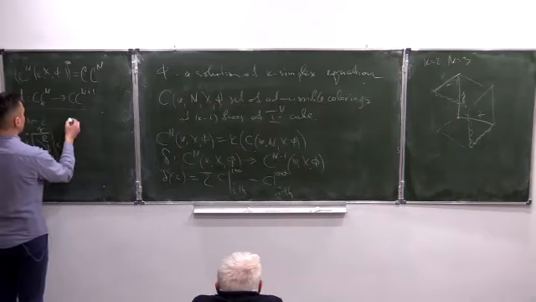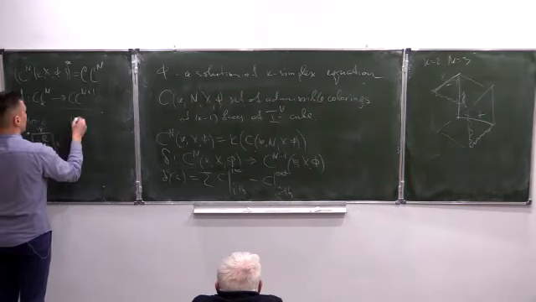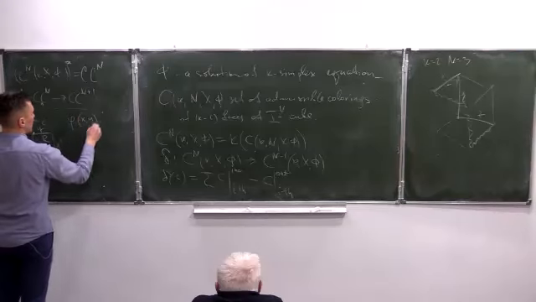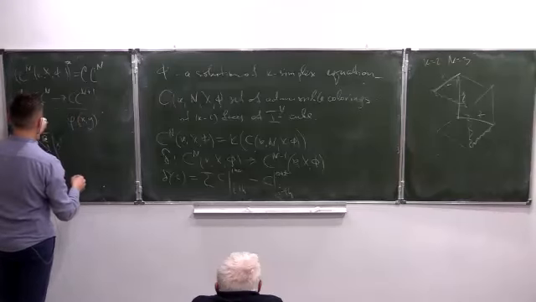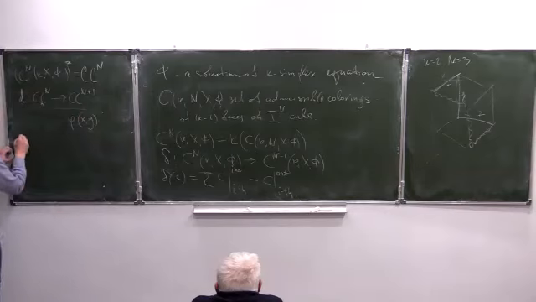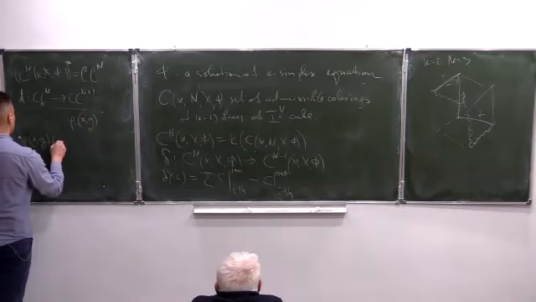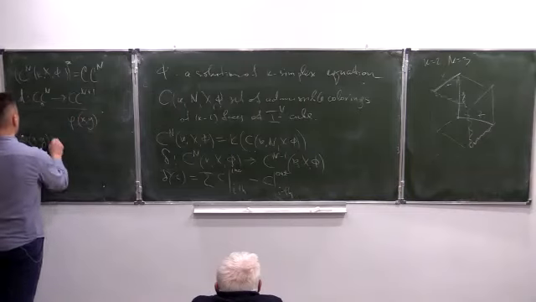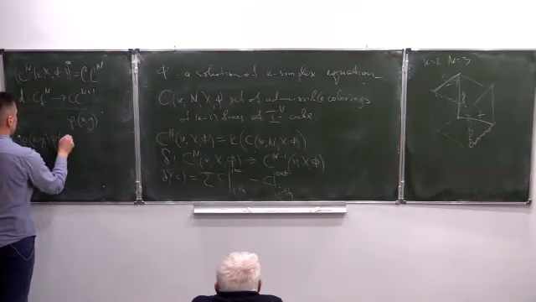I suppose that the good condition for this differential is the following one. So phi from x, y is a cocycle if phi of x, y, y, x satisfies the following equation.